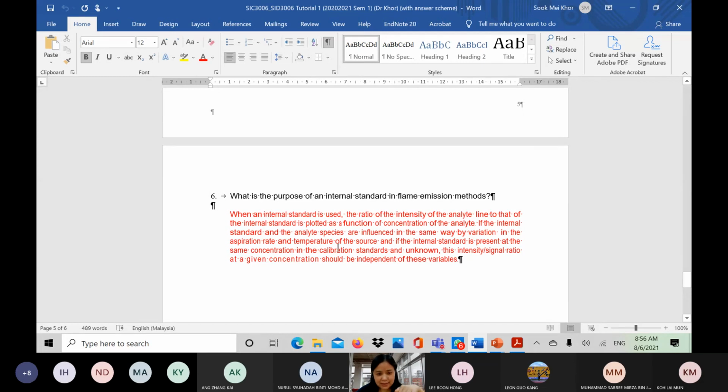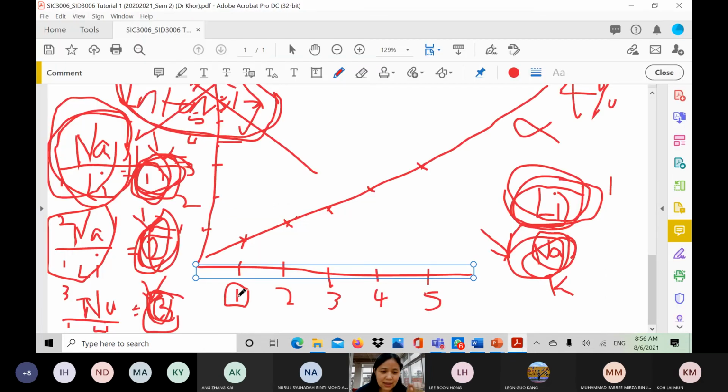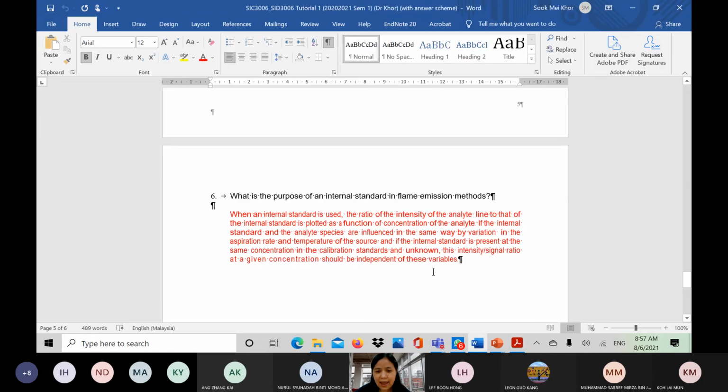When you spike the internal standard, you have to spike a fixed concentration. Whatever concentration you choose, 1 ppm, 0.1 ppm, 0.3 ppm, it's up to you, but you have to fix it. You spike it into the calibration standards, either 1 ppm, 2 ppm, 3, 4 or 5, and also into your unknown sample.